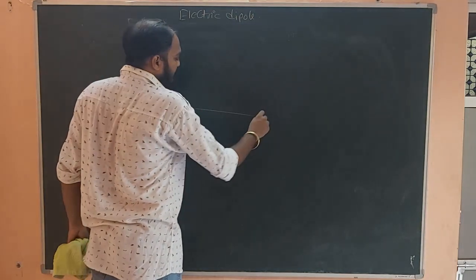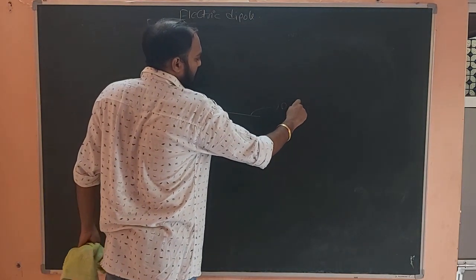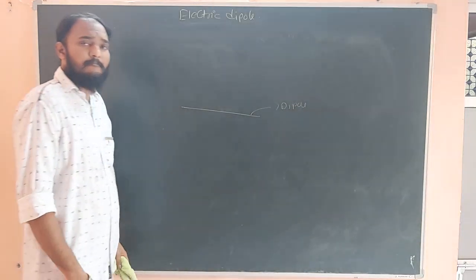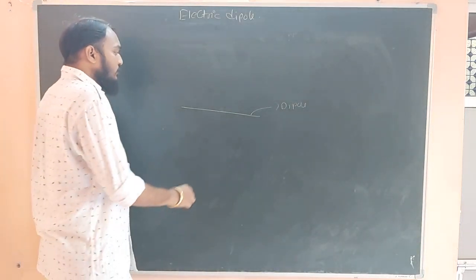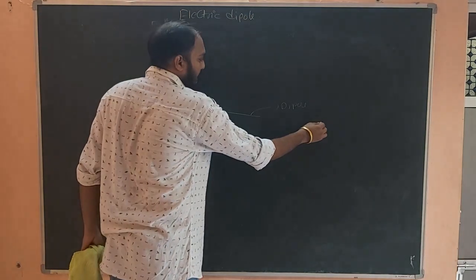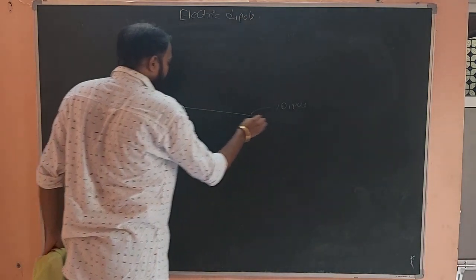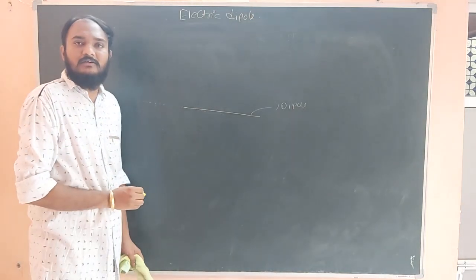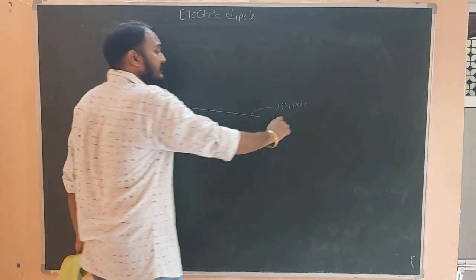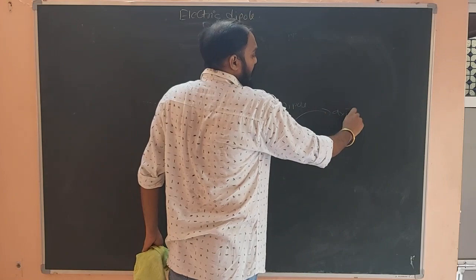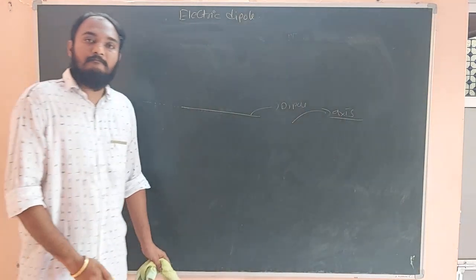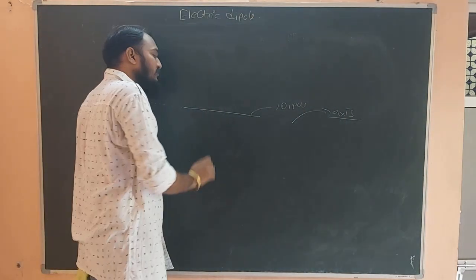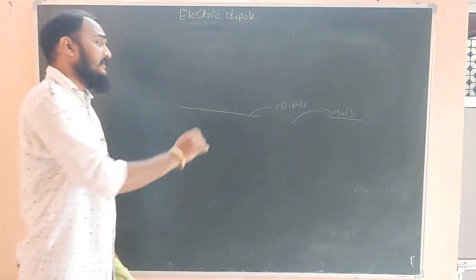Let us suppose this is your dipole. The horizontal line passing through this dipole is known as the axis of a dipole.